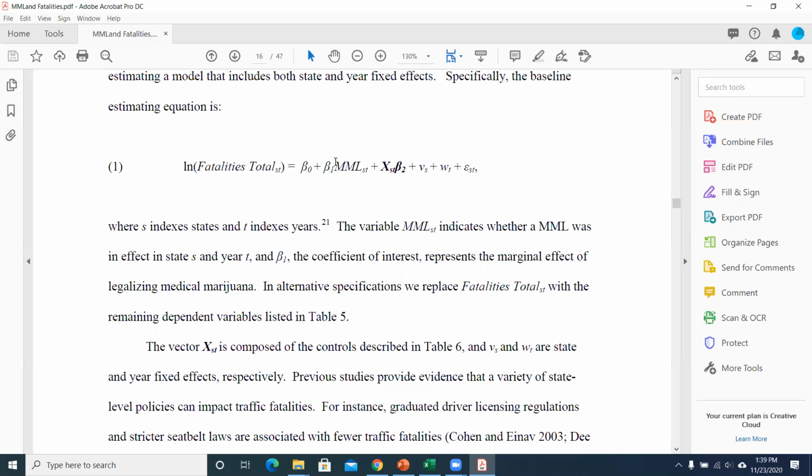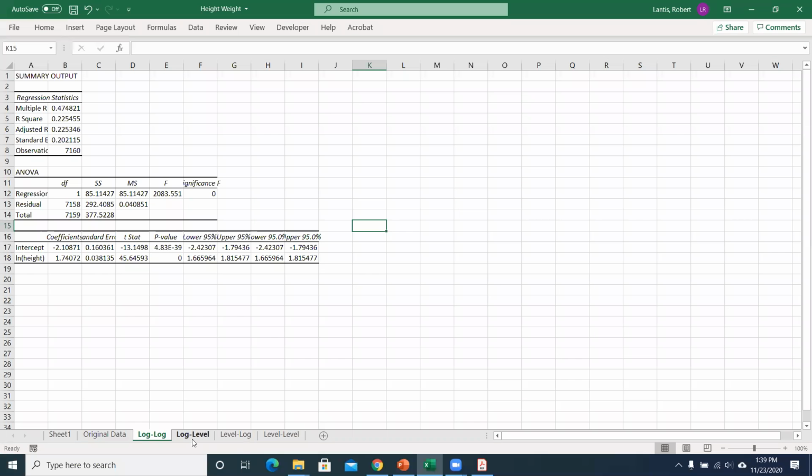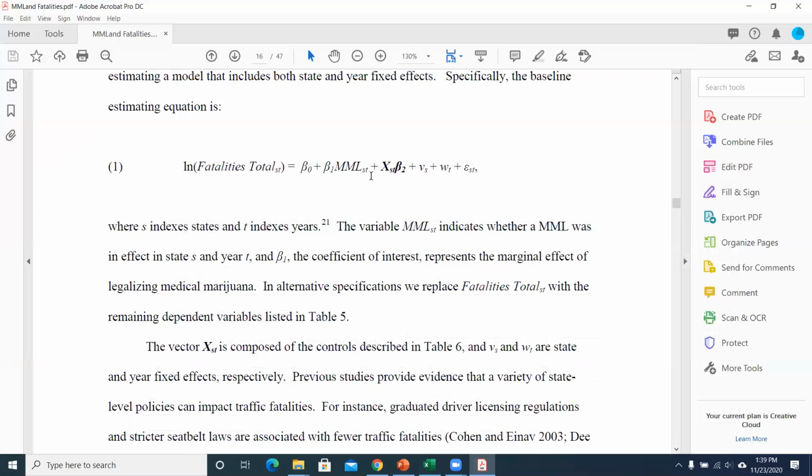In this case, I'm going to have to multiply whatever my coefficient is by 100. Remember, in a log-level model we had to multiply whatever coefficient we see by 100. When we look at the results, they've actually already put that in there.